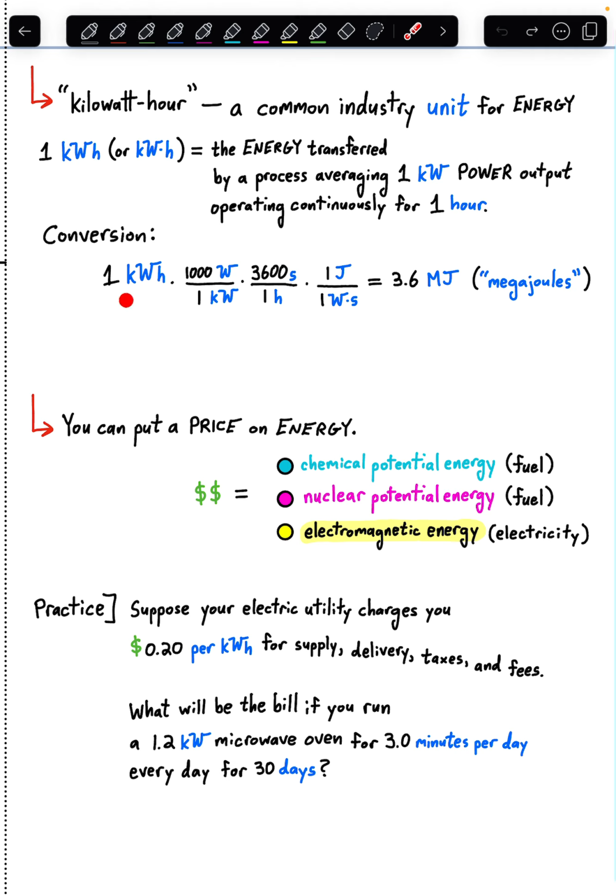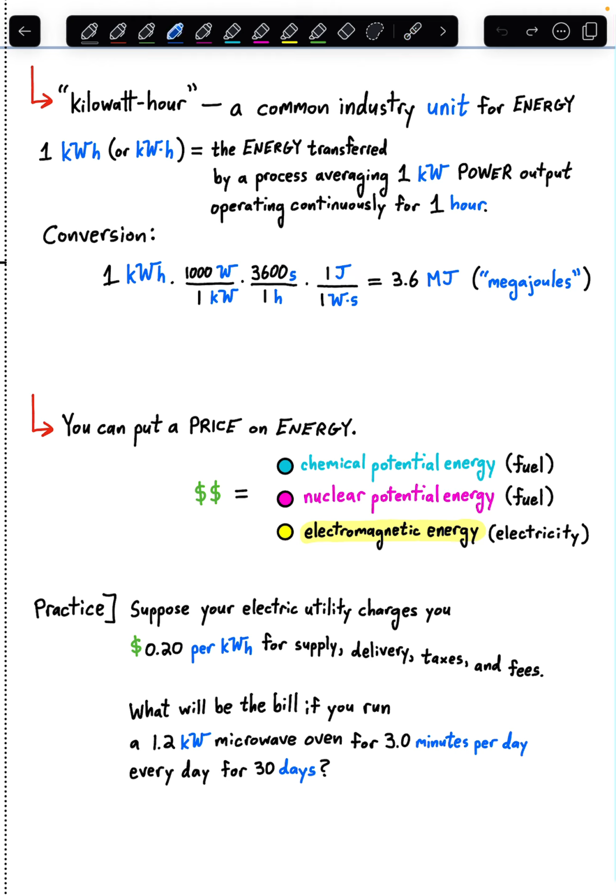Here's our conversion. 1 kilowatt hour multiplied by 1,000 watts in a kilowatt and by 3,600 seconds in 1 hour. 3,600 seconds is 60 seconds in a minute times 60 minutes in an hour. And then since a watt is a joule per second, 1 watt times 1 second equals 1 joule.